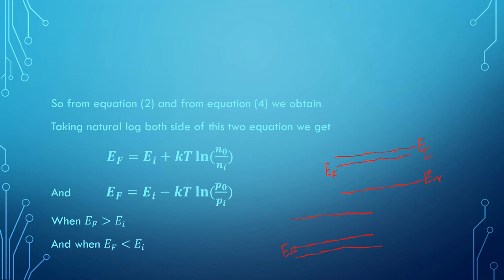So, these are the equations for the position of the extrinsic Fermi level of n-type and p-type semiconductors, and these two conditions also follow from these two equations. The first condition is true for the first equation, and the second condition is true for the second equation.